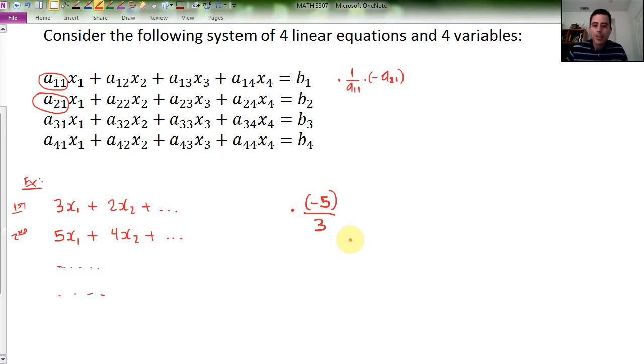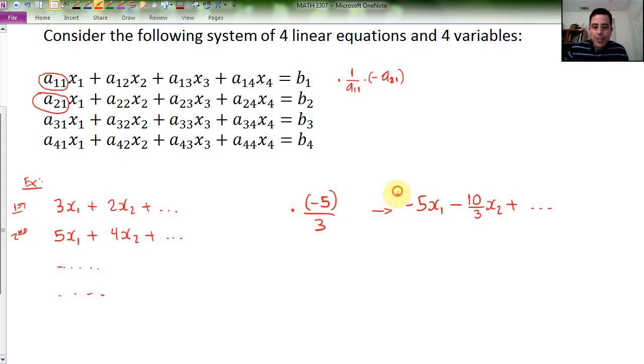So why do I want to do that? Because now this will give me negative 5x1, and then negative 5/3 times 2, that's negative 10/3 x2 and so forth.